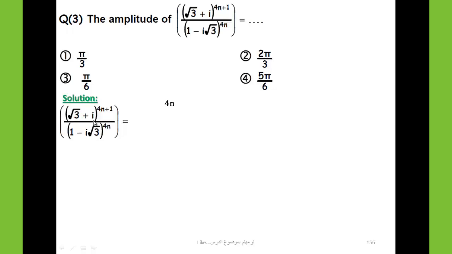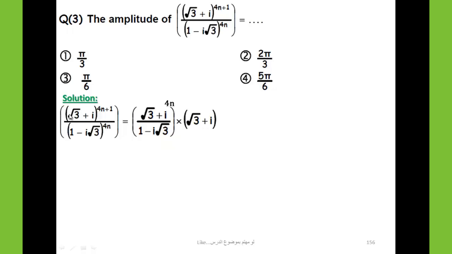Root 3 plus i all power 4n plus 1 over 1 minus i root 3 all power 4n equals root 3 plus i over 1 minus i root 3 multiply root 3 plus i.